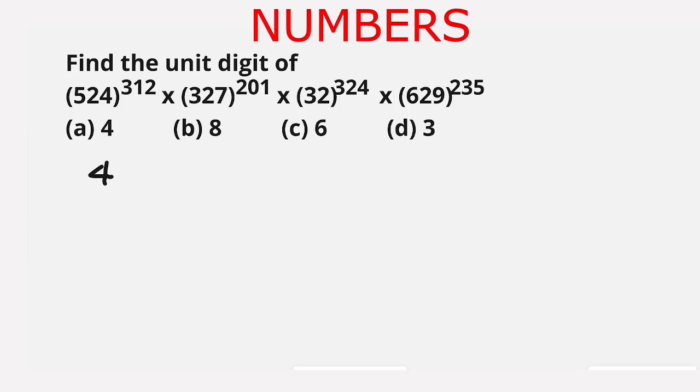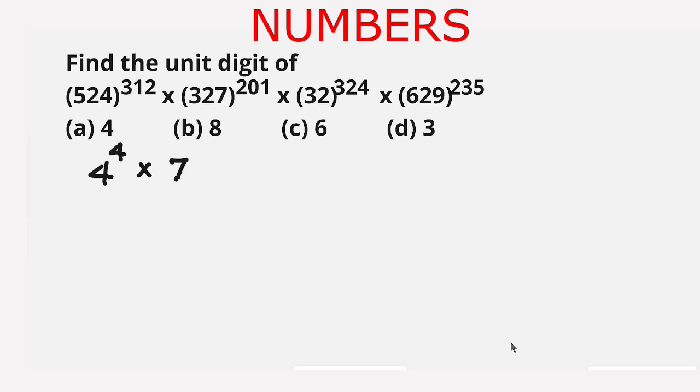So it will be 4 to the power 4 multiplied by 327 has ones place digit or unit digit 7. So we write 7. And we divide the power 201 by 4, as we know that when the unit digit is 7, it repeats itself after every fourth power, and 201 when divided by 4 leaves the remainder 1.